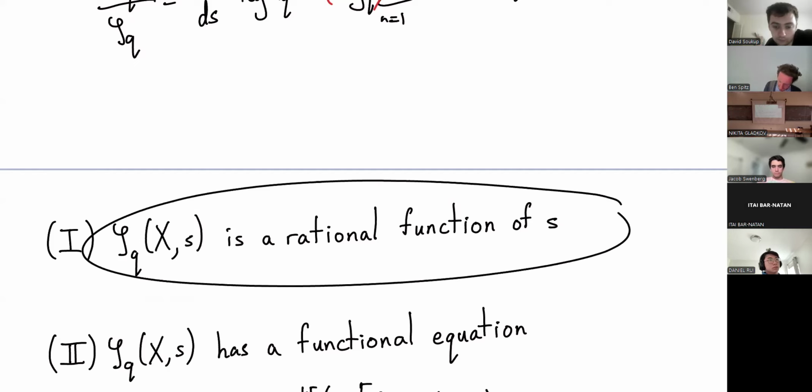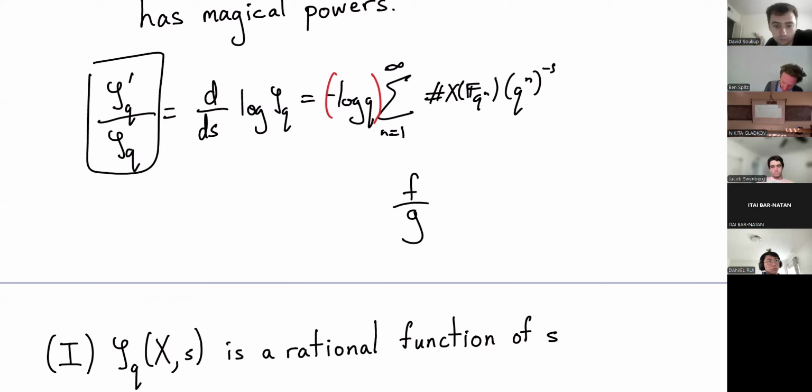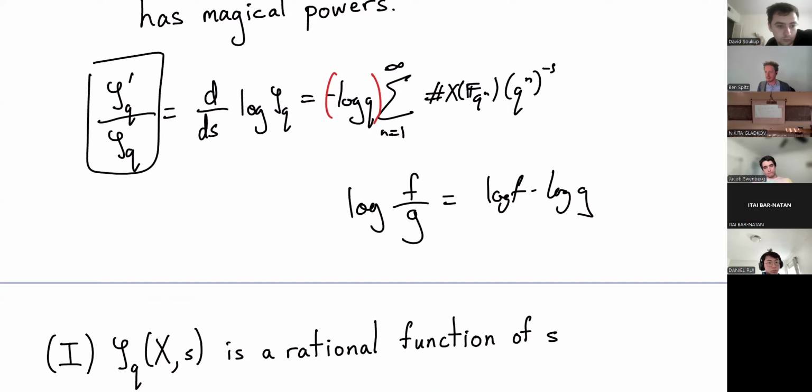And what does it mean that this is a rational function? Well, one consequence is that this guy will be a rational function too. If I imagine I have f over g, and I do log of that, I get log f minus log g, and then I do the derivatives of those. Okay, I get something like a log of a rational function.